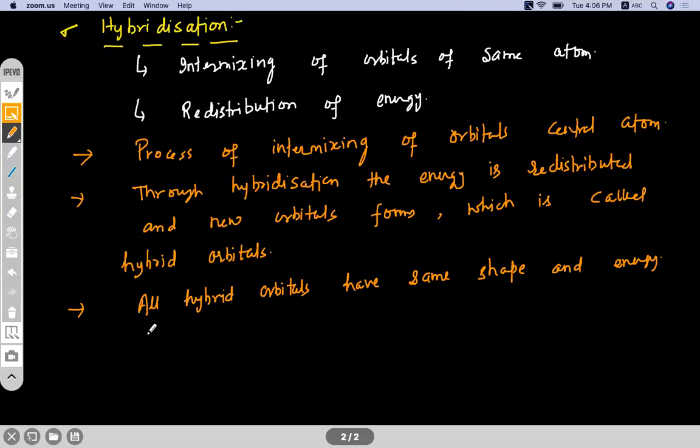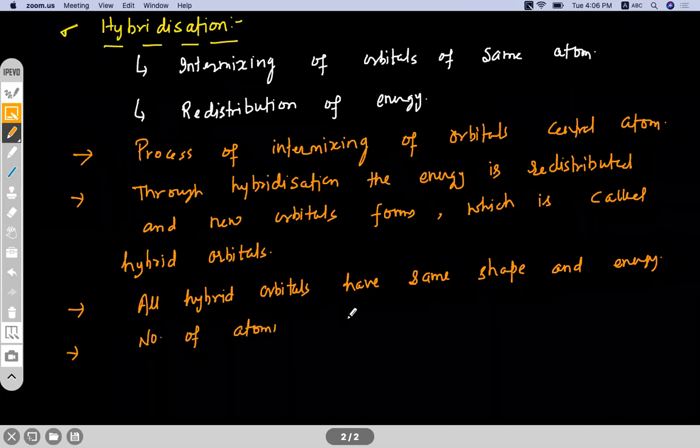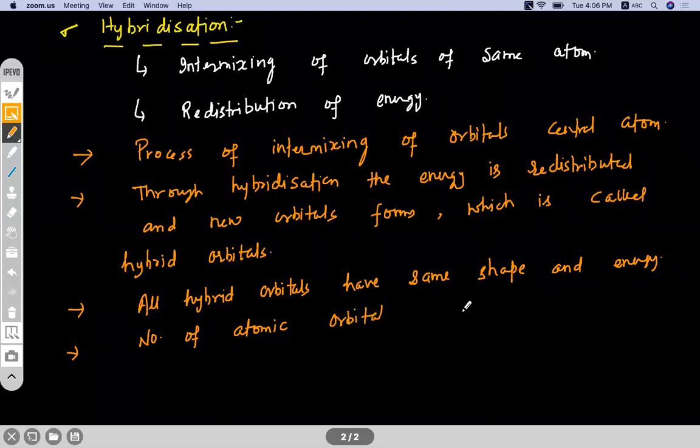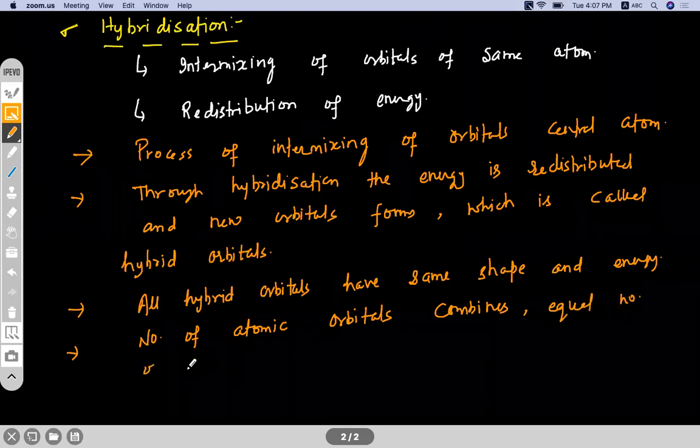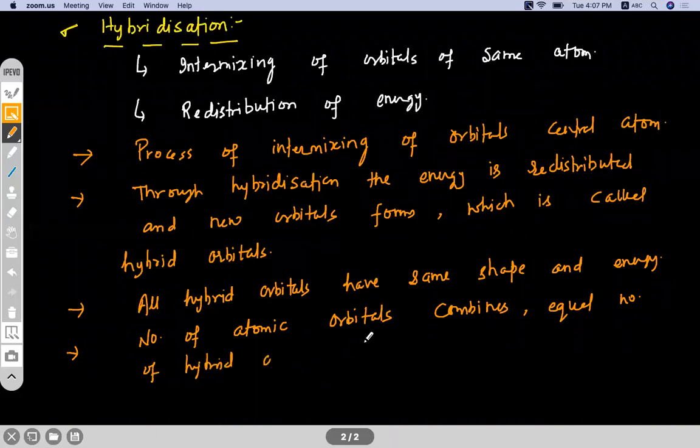One more thing here: the number of atomic orbitals that combine equals the number of hybrid orbitals that form. Copy this down.